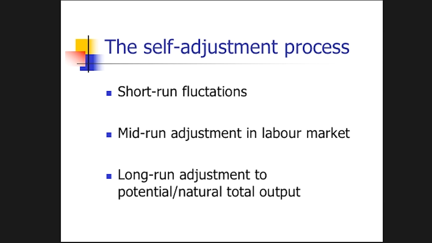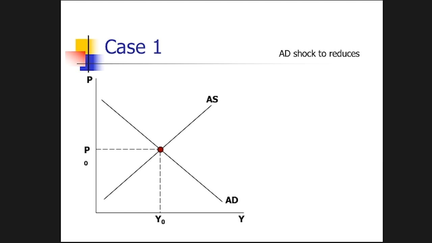So now is one example. For example, we have the AD shock to reduce, and AD shifts to the left. At the new equilibrium, the price is lower and output also is lower.